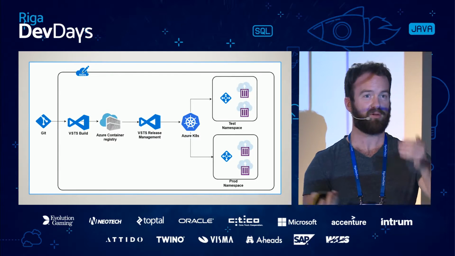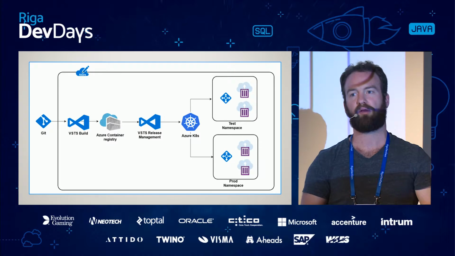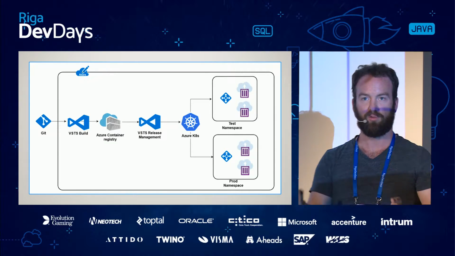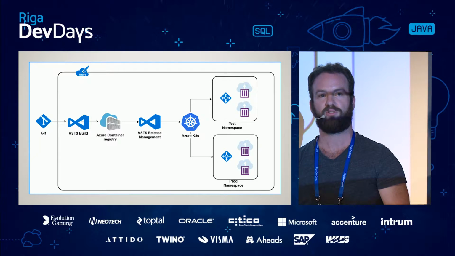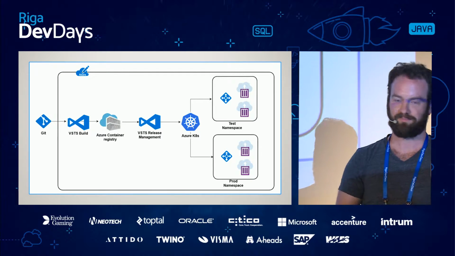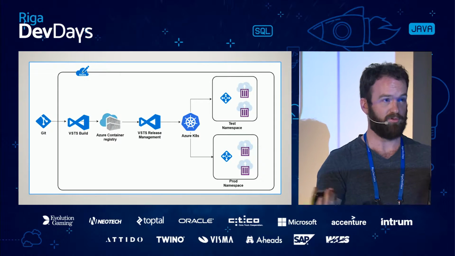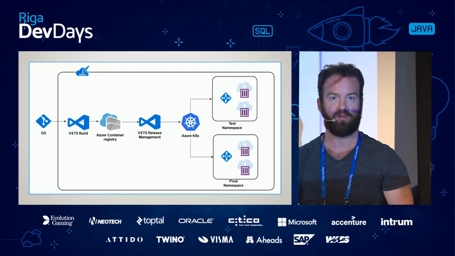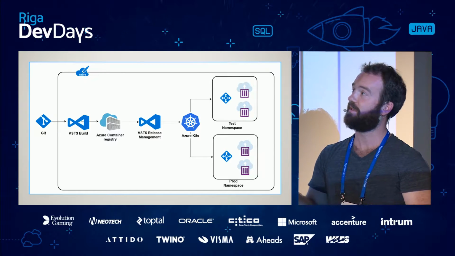Not easy to test Docker images, to be completely honest. I think that's still a gap in Docker. If anybody knows how to properly test Docker images, please let me know. Usually what I do is I spin them up, run something against the endpoint and see if it works.